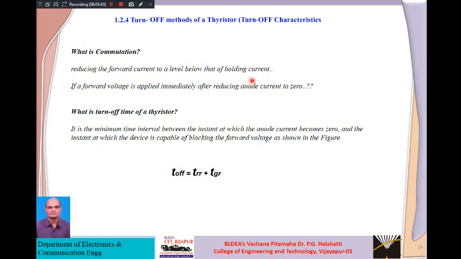According to the definition of commutation, we would now think that the thyristor is off. But remember, we only dropped the current below the holding current, and still the forward voltage is there.